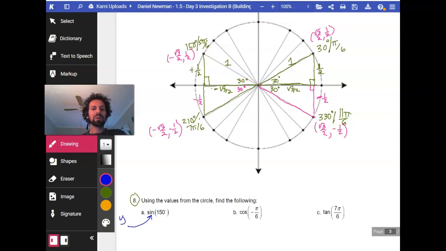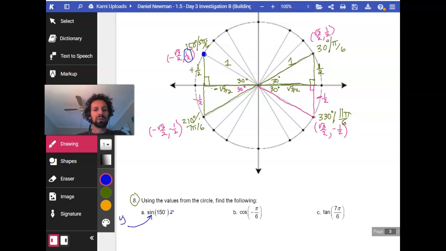Basically, if we're trying to figure out the sine of 150 degrees, we just need to locate 150 degrees on the unit circle. So here is 150 degrees right here, and that's our angle. At that angle, we just need to find the y-coordinate. The y-coordinate of that point is merely the coordinate right here.